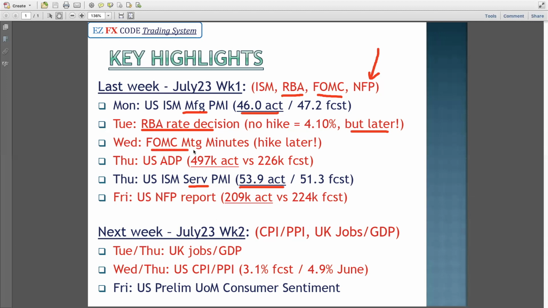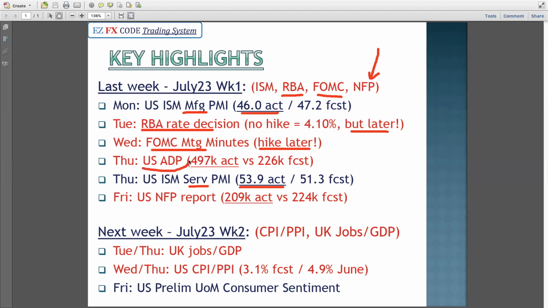And the meeting minutes from the FOMC for last month's meeting showed that almost all the members were voting to hike at a later stage, even after this pause. So that's why it's a hawkish pause or skip. That instilled further fears in the market, and the US dollar managed to recover somewhat from that.